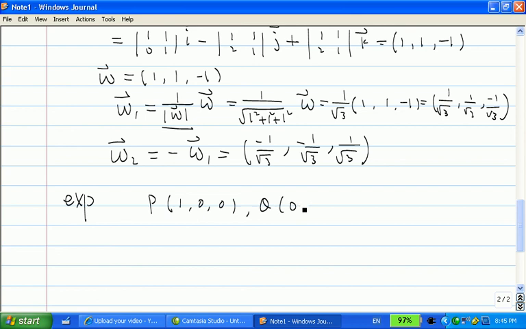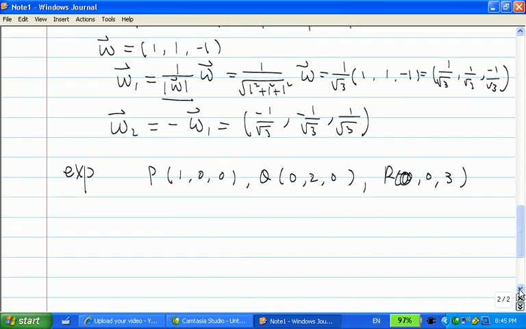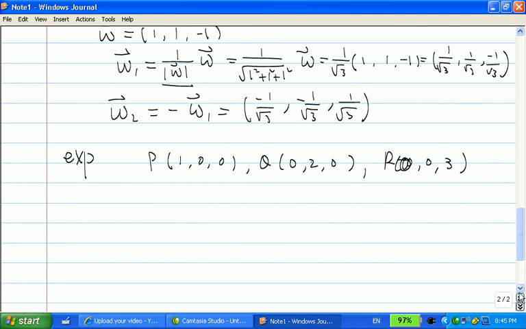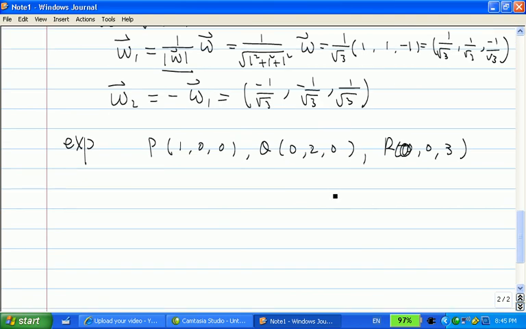Q is 0, 2, 0, and R is 0, 0, 3. Now, as you know, 3 points uniquely determine a plane, say P, Q, and R. Now we're looking for a vector perpendicular to this plane, which means out of my board. So that's what we want to find.